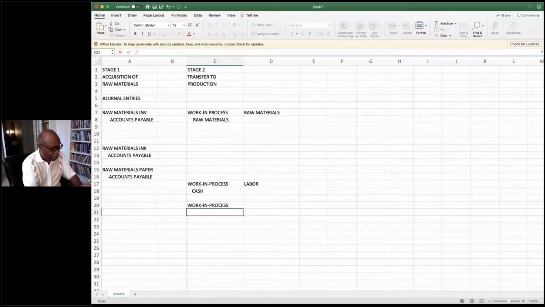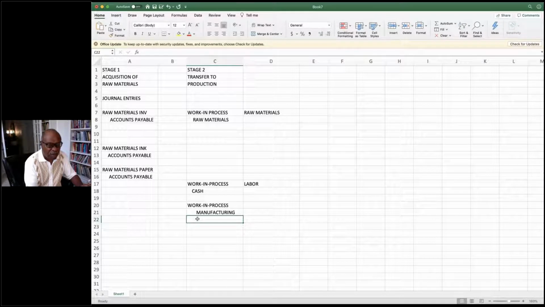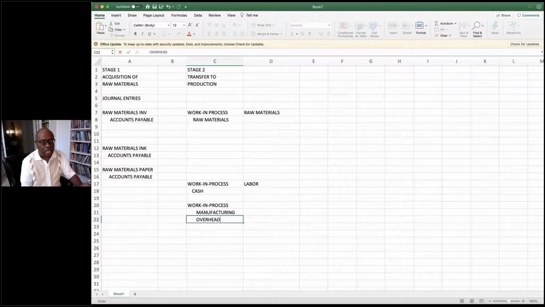What are the three components of making an item? So that next transfer is going to be a debit to work in process and credit manufacturing overhead.